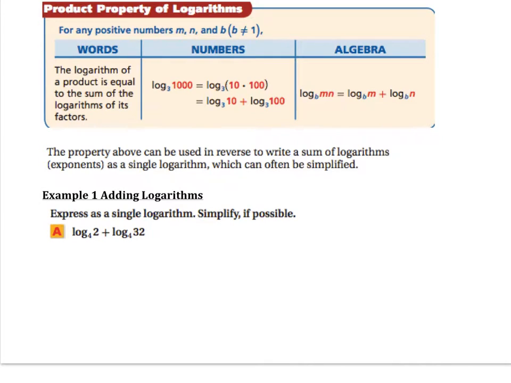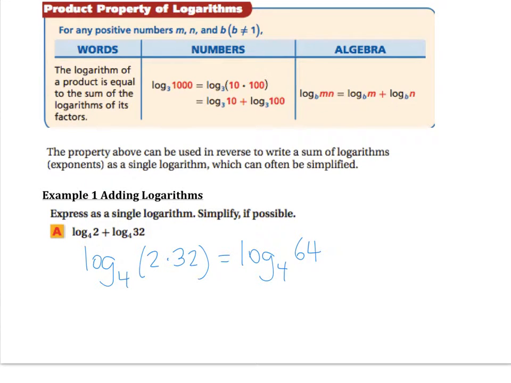Looking at the first example, we have log base 4 of 2 plus log base 4 of 32. Since I'm adding with the same base, I can simplify that by saying the log base 4 of 2 times 32, which is the log base 4 of 64.